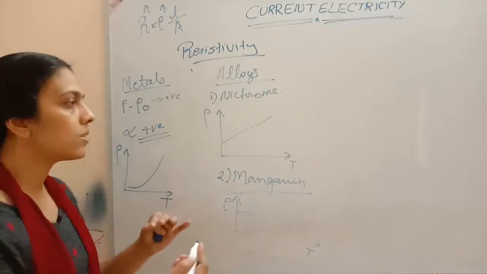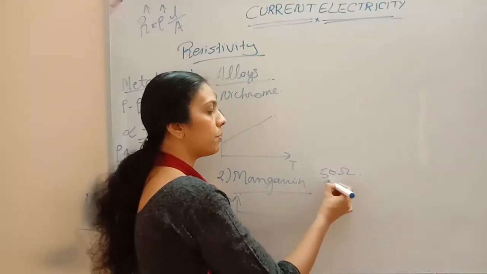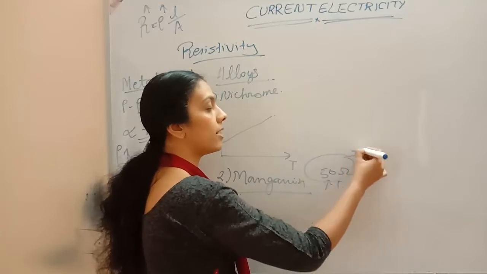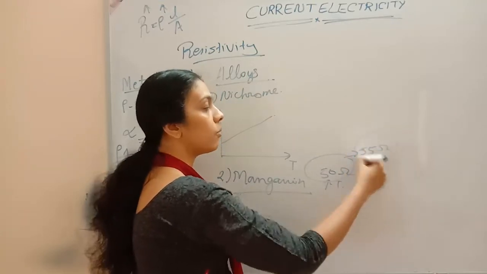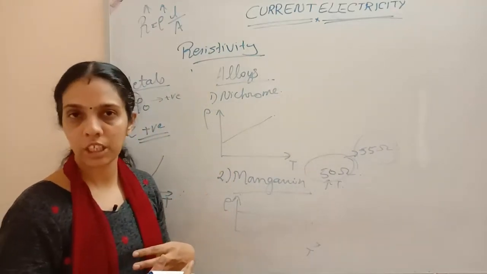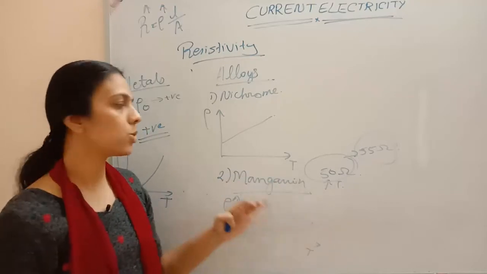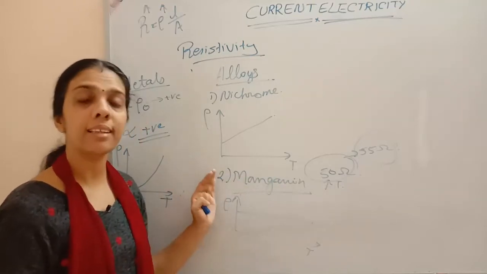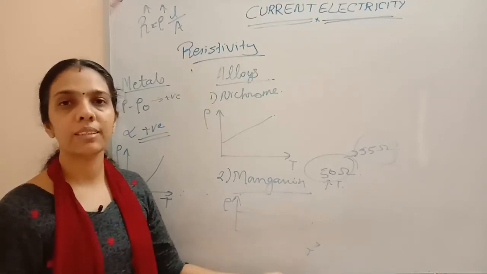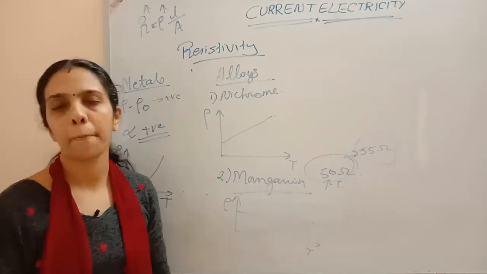Suppose I need a 50 ohm resistor and as temperature increases, 50 ohm is rising to 55 ohm, then everything will be changing, right? All other circuit elements will be changing. That should not happen in the case of resistors. So we will be using manganese in making resistors. Why? Because temperature does not have that much effect on the resistivity of manganese.